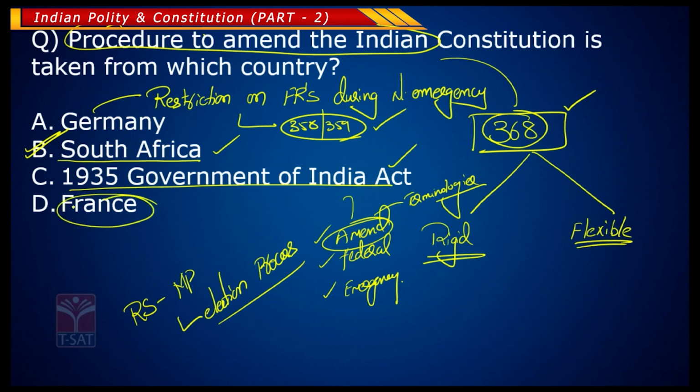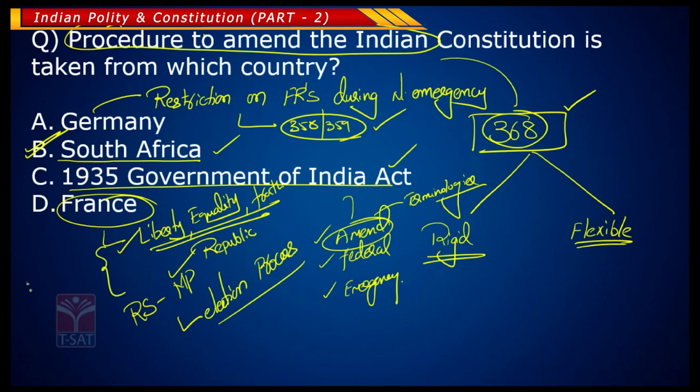We have taken two things from France: the concept of liberty, equality, and fraternity, brotherhood, as well as the concept of republic. These are the two things taken into the Indian preamble.